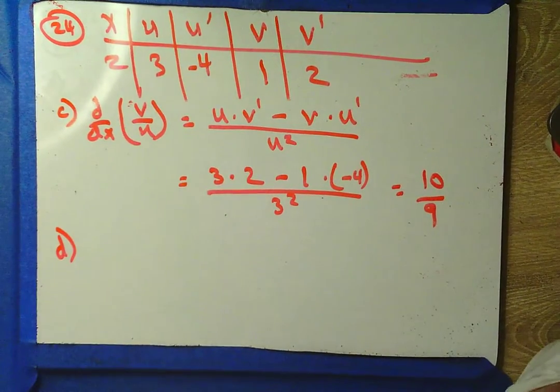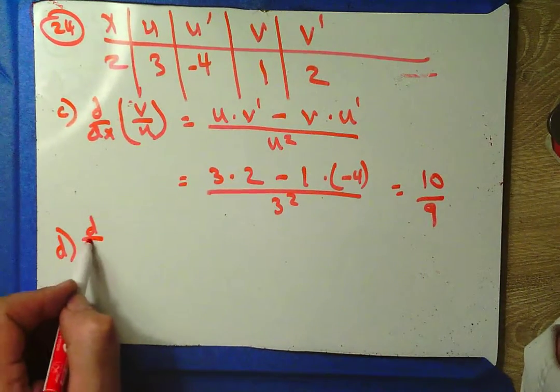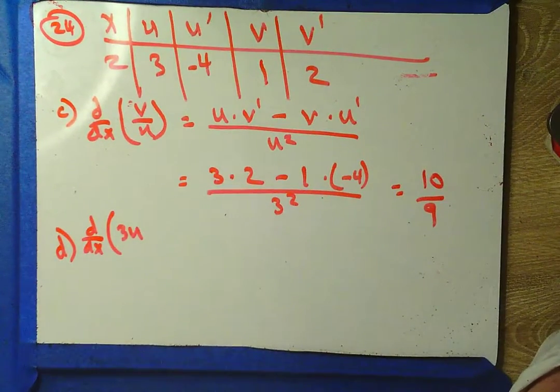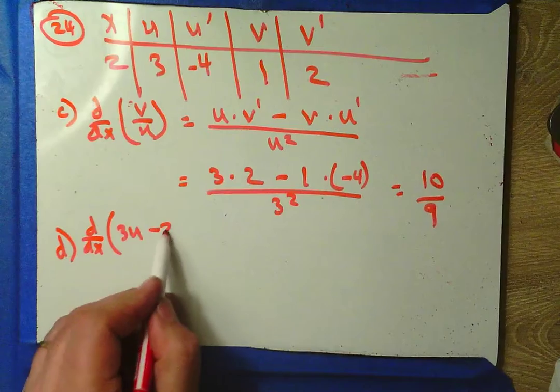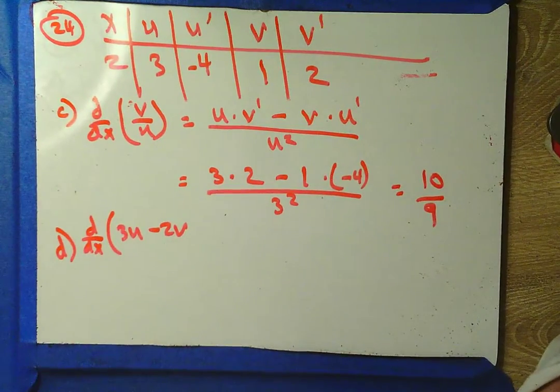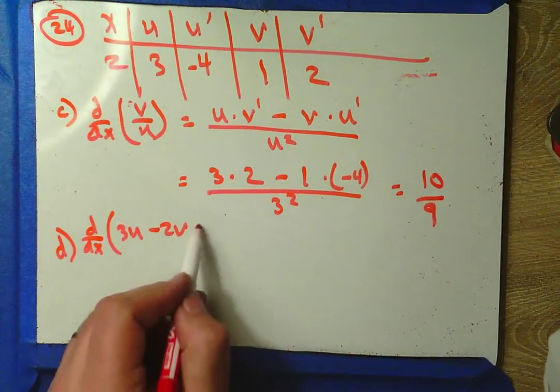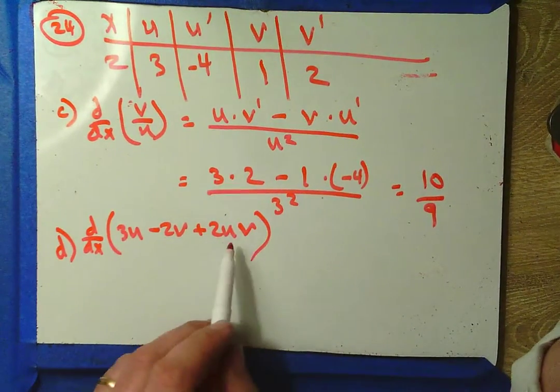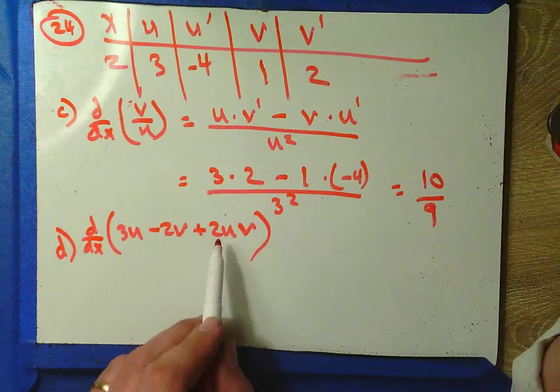And D, for 24D, they tell us the derivative with respect to x of 3u minus 2v plus 2uv. Okay, so there's a product rule times a constant.